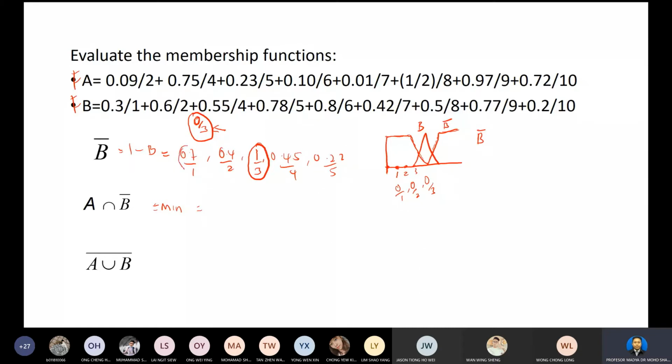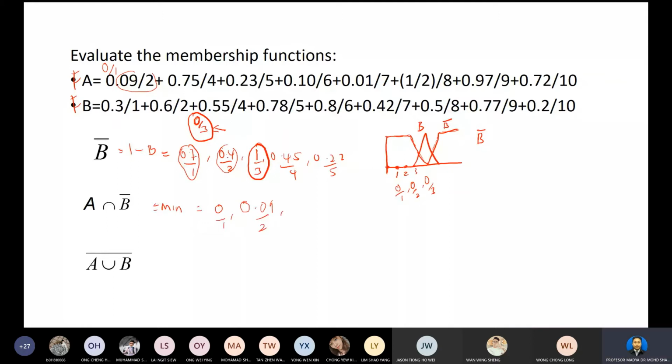Sequence number 1 is 0.7, and this one is missing on sequence number 1, so suppose this will be 0. So the answer will be 0 for sequence number 1. We compare A and the complement of B. Then for sequence number 2, this one and this one, 0.09. So the answer will be 0.09. Sequence number 2 and so on.